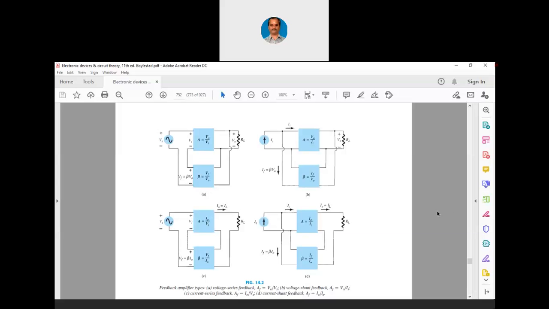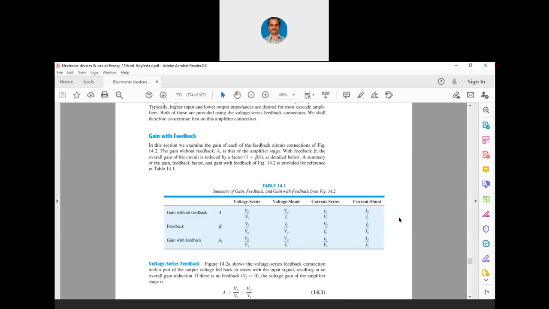Okay, now you can see the textbook's page and you are seeing the 4 feedback connection types. First one is voltage series feedback, then voltage shunt feedback, then current series feedback, and current shunt feedback. These 4 I had shown you yesterday. So let me proceed now.